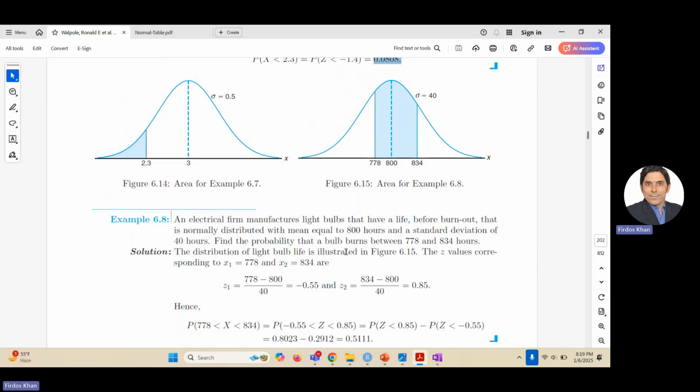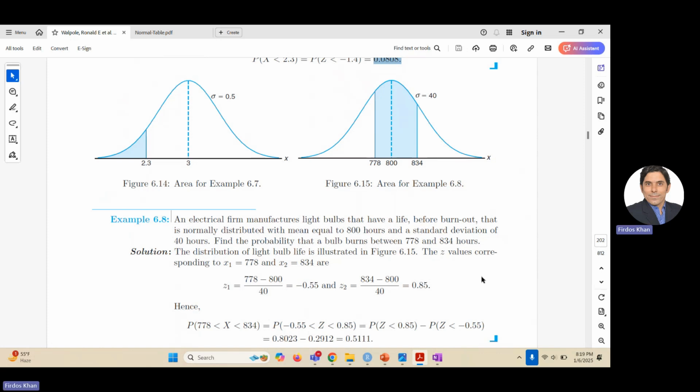Find the probability that the bulb falls between 778 and 834 hours. So there are two values for x, the random variable, with a mean of 800 hours and a standard deviation of 40 hours.